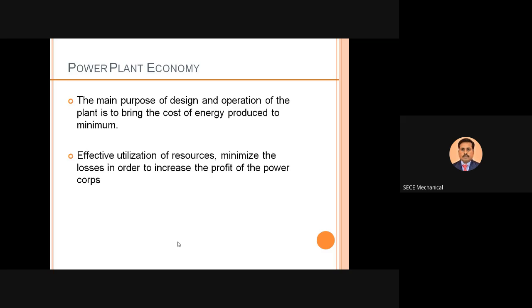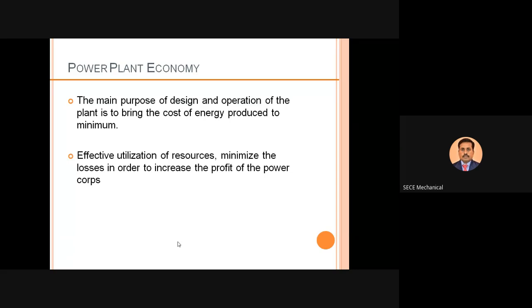The second main reason why we want to study power plant economy is effective utilization of resources. There are so many resources we are using while running a power plant: machines, instruments, and the different components of your power plant that we discussed in the last chapters, such as boilers, turbine, and the generator for power generation.